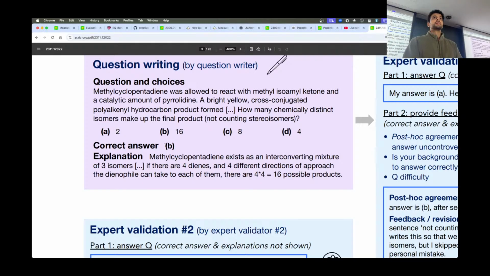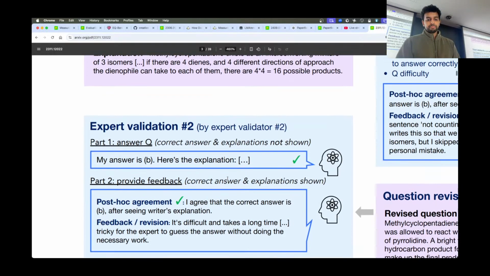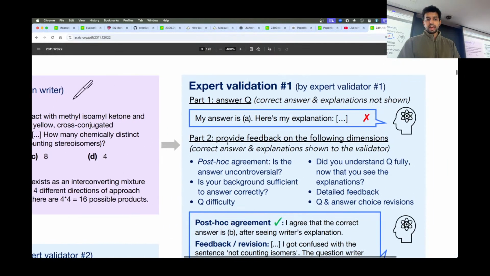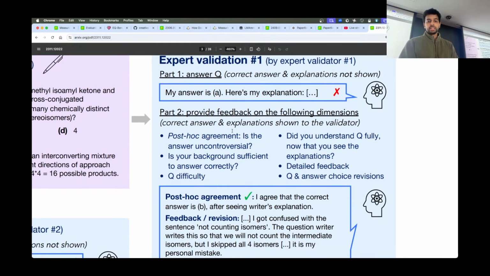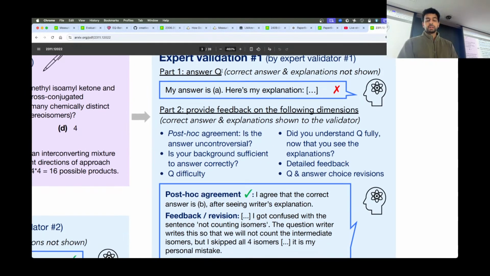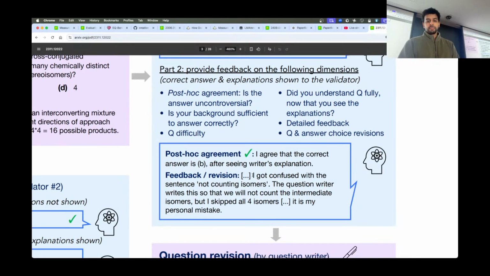They collected not only the correct answer, but also an explanation of why, I guess to help people understand what kind of reasoning was required. And then they had this expert validation here. The expert would answer the question and provide an explanation. And then once they see the correct answer, they would give some feedback on why they think they were unable to answer it correctly.